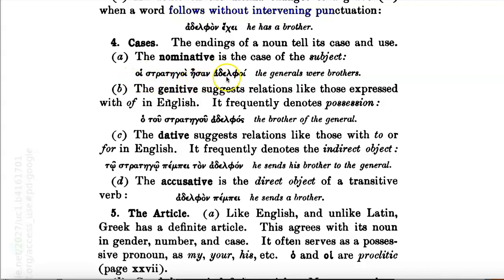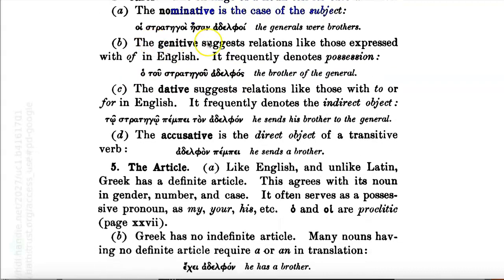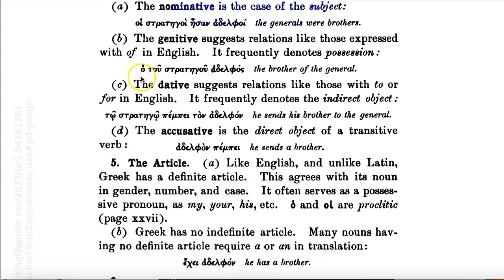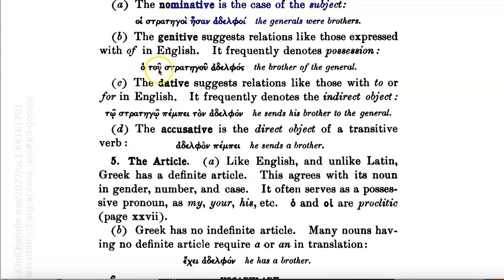The generals were brothers. The genitive suggests relations like those expressed with of in English. It frequently denotes possession. When we want to say of something, we use the genitive case, the genitive version. You can think of it as the of version of the word. Here's an example. O tu strategou adelphos.